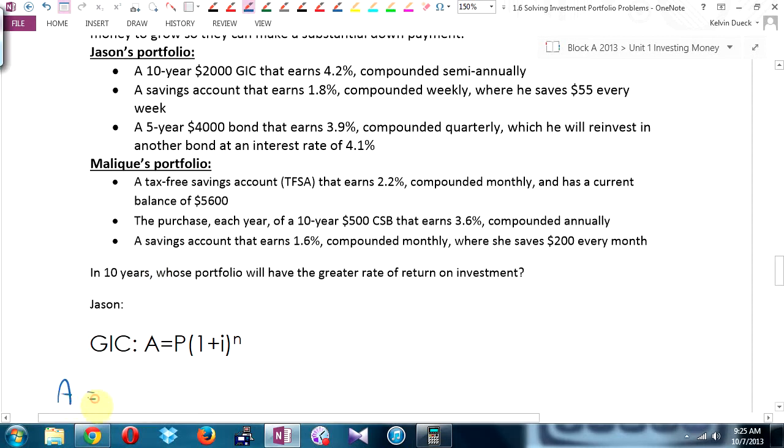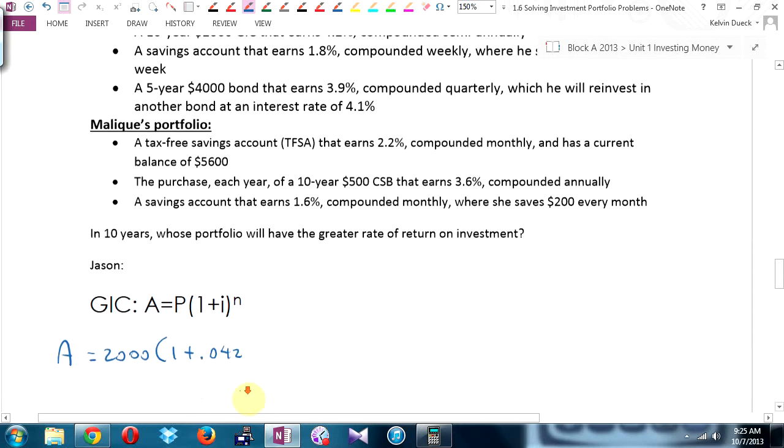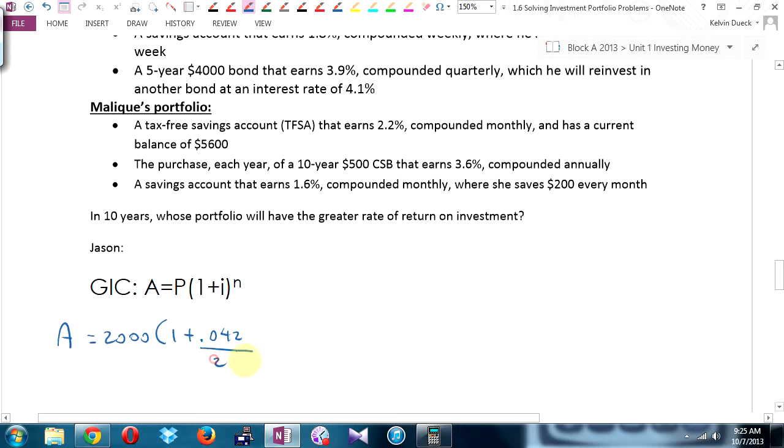A equals, what's the principal here? In the GIC, what's the principal? 2,000. 1 plus 0.042 divided by 2 because it's semi-annually, to the 20.